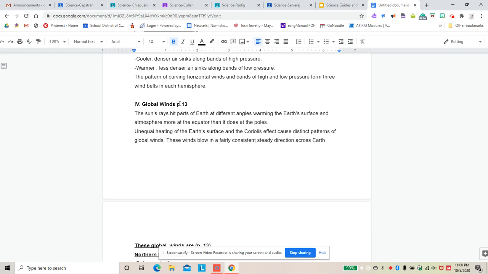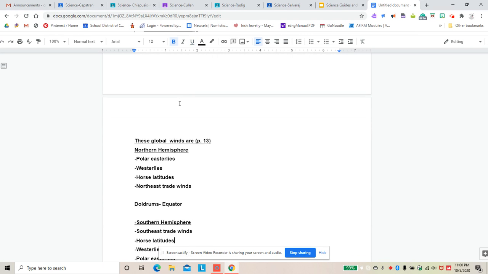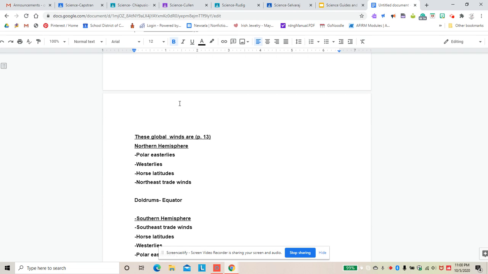So please look at the model right now, and in your notes, I just listed them. But find out where they are located. There are some in the northern hemisphere and some in the southern hemisphere. The equator is known as the doldrums because the winds are kind of flat because of the heating. They don't have as much variation in their heating.